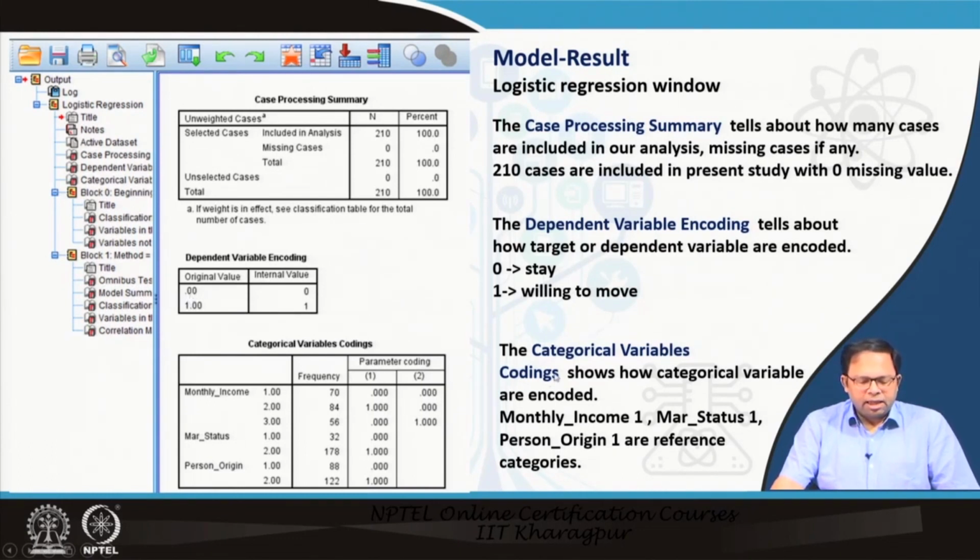Then the coding of the categorical variables is also shown: monthly income has 3 categories, marital status has 2 categories, and person of origin has 2 categories. Monthly income 1, marital status 1, and person origin 1 are the reference categories, so we analyze the results in reference to one of the categories.